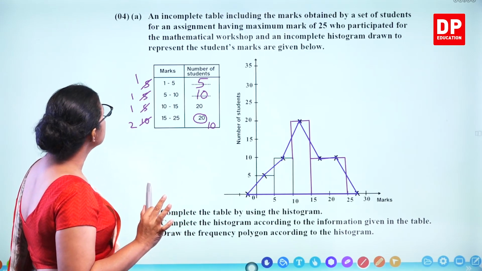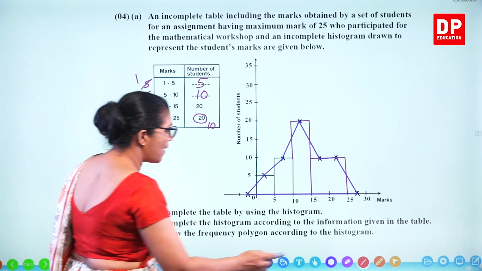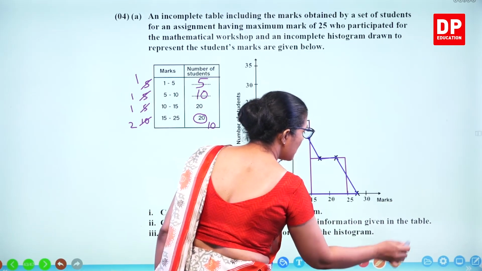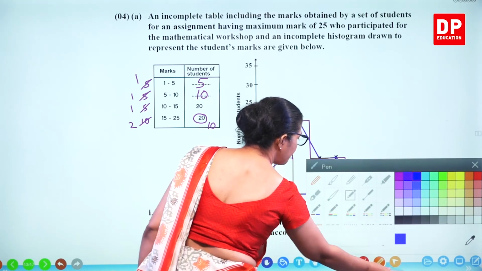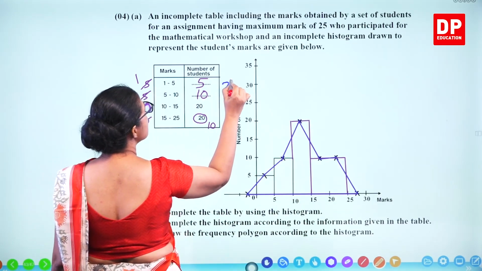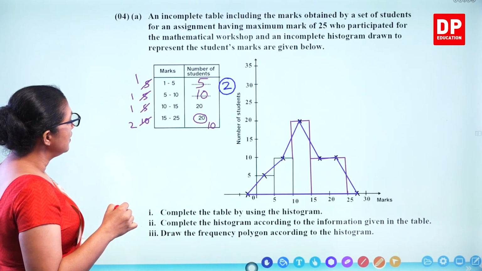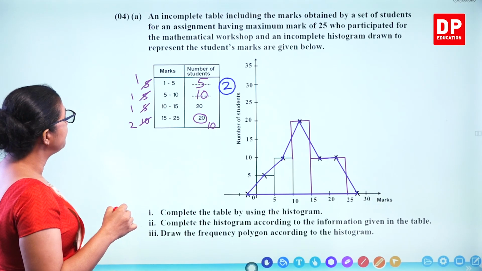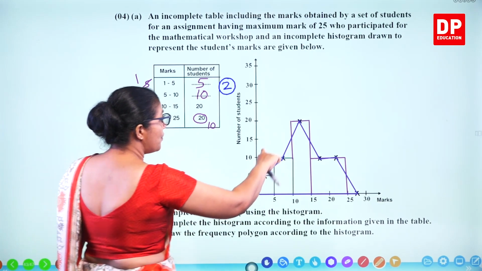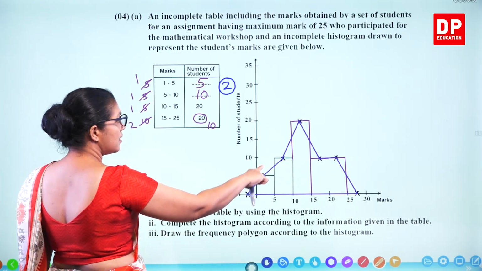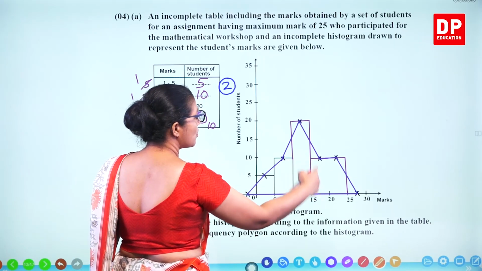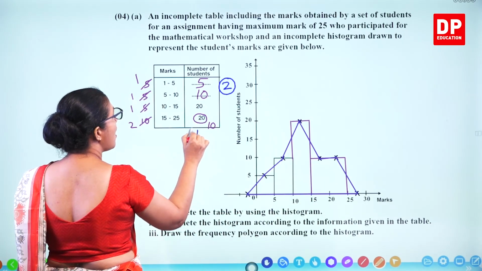So that's part A. So how can we give marks for this question? 2 marks for writing down these frequencies correctly, and 3 marks to complete. This one you get 1 mark to identify.